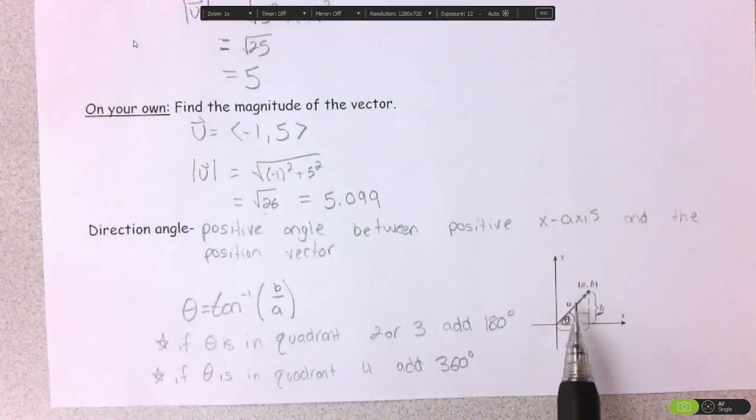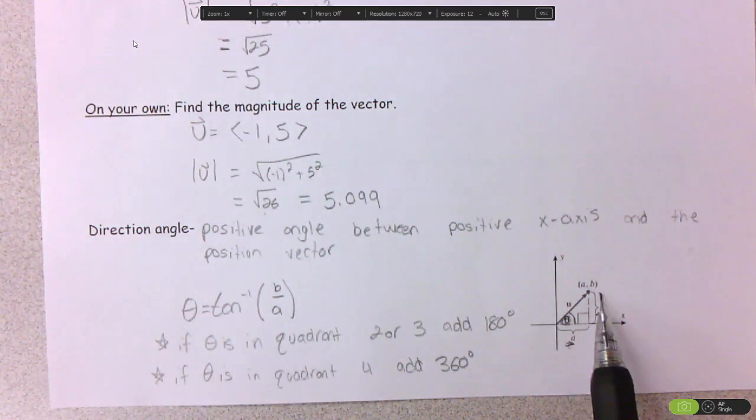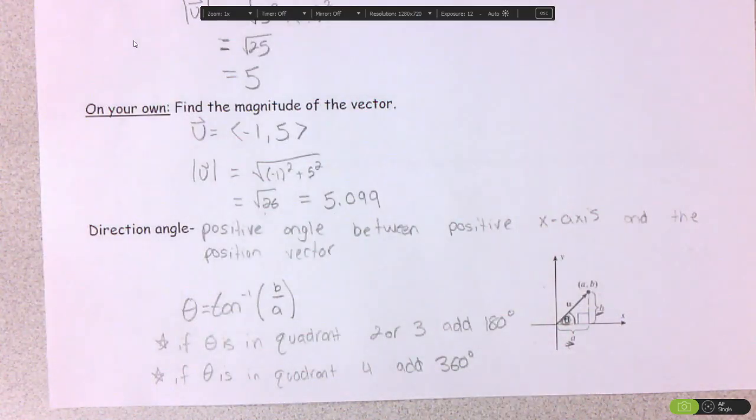If it's in quadrant 1, we don't have to add anything, so it'd be 0, 180, 180, 360. Those you'll just have to memorize, and I can't really explain it to you right now because we don't understand what the graph of tangent looks like, but when we get to the graph of tangent, these numbers will make sense. But for now, if it's in 2 or 3, you add 180. If it's in 4, you add 360.